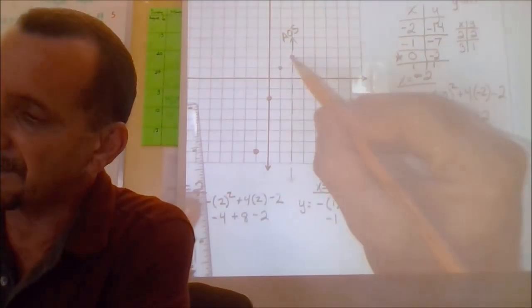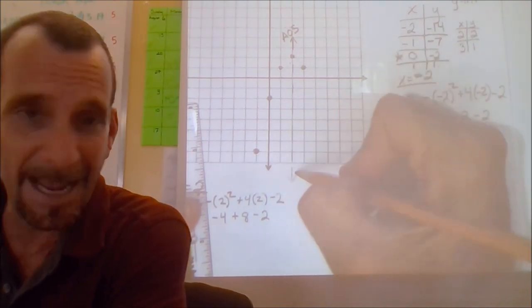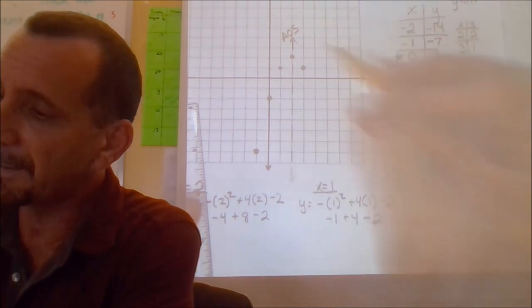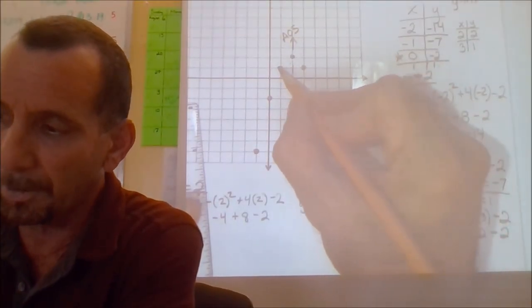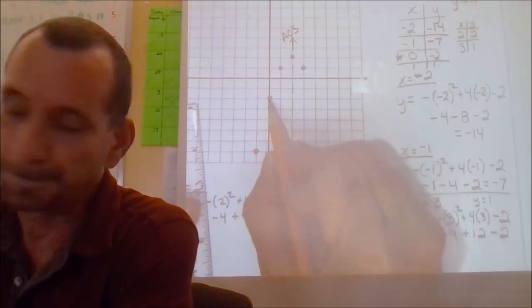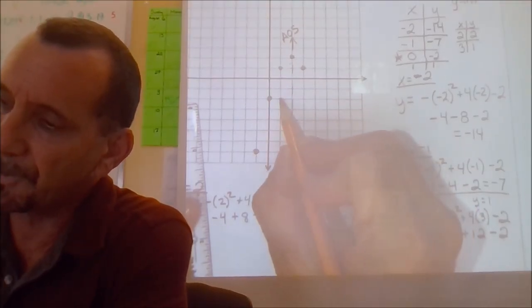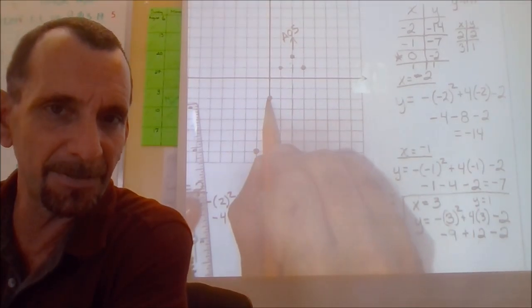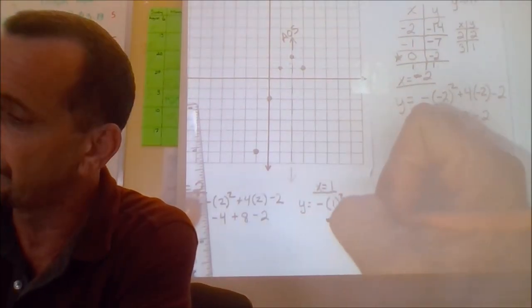Now, because these points are all symmetrical about this axis, we can come on over here and we can see from this axis you can go right one or left one to get this point. Well, let's come on down to this point. From the axis of symmetry, we can go 2 points left to get this point that we already plugged in using a table of values.